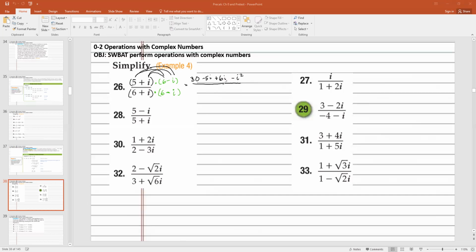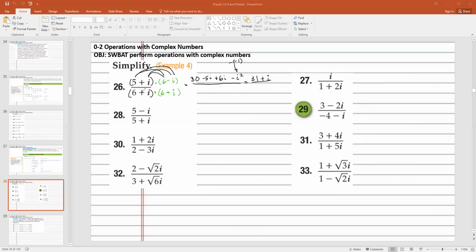If you want to simplify that, remember i squared is negative 1, so minus negative 1 is the same as plus. So 30 plus 1 is 31, and negative 5i plus 6i is plus 1i, or just i.